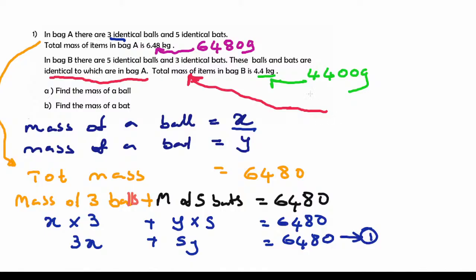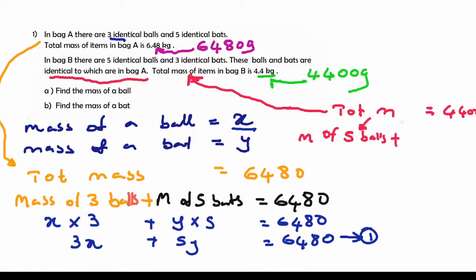So in bag B, okay, they have told us a total mass. So total mass is equal to 4,400 grams. How do we get the total mass of what is in bag B? First of all, you got to know what's in bag B. So what's in bag B? Five identical balls. So then to make the total mass, you got to know the mass of five identical balls plus the other item.